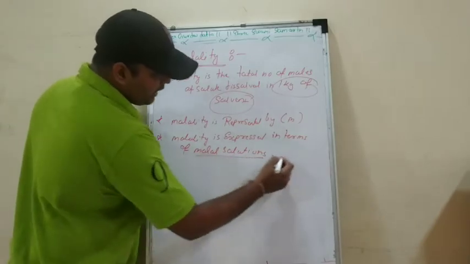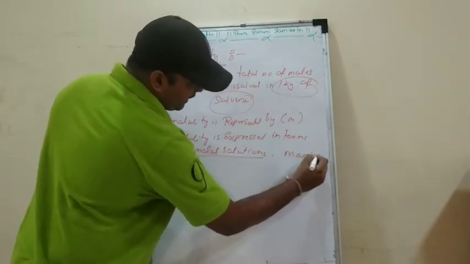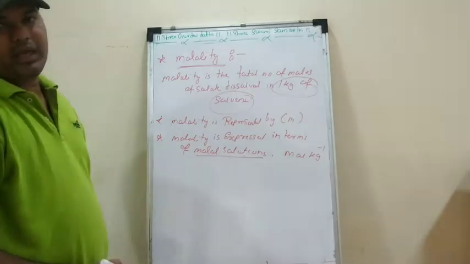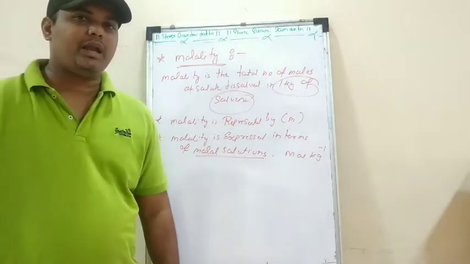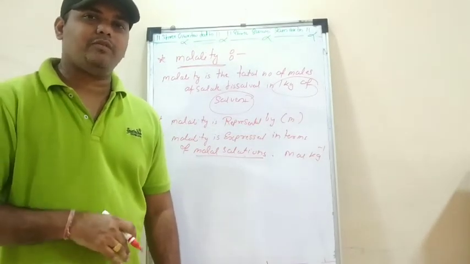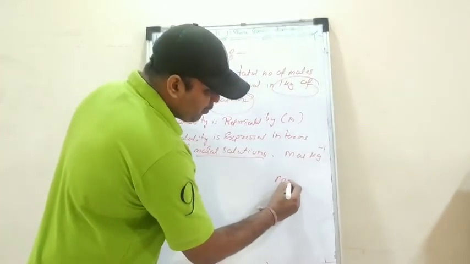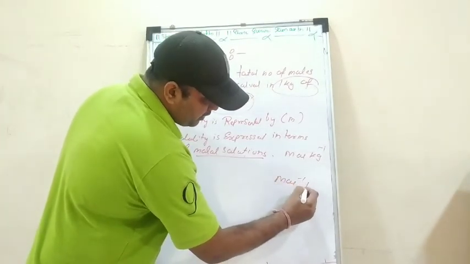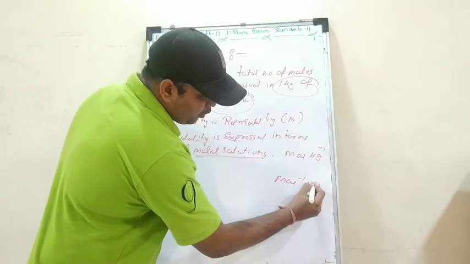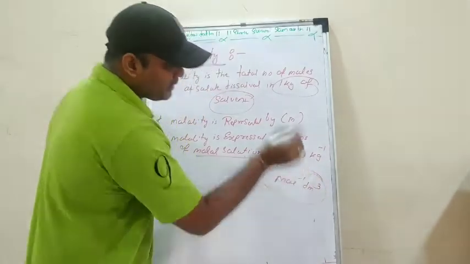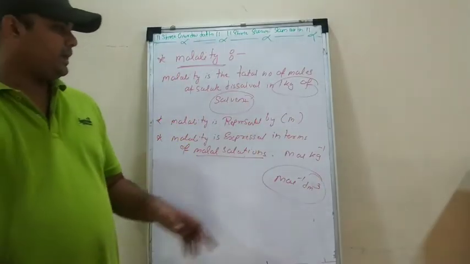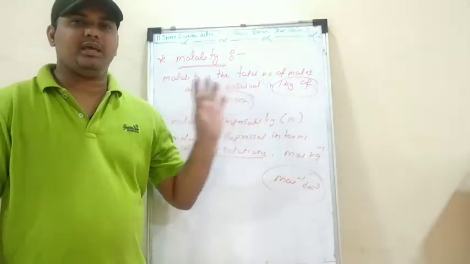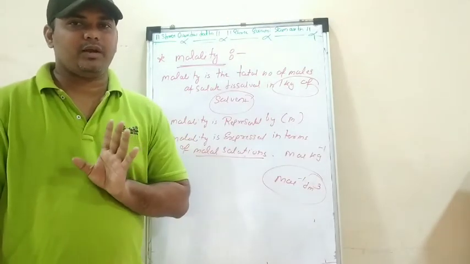Or you can say mole per kg, right? We have seen in the case of molarity how we express the molarity. We express the molarity in mole per dm cube, right? So this is the representation. Now here in this case it will be mole per kg, right? I hope you have understood this, right?